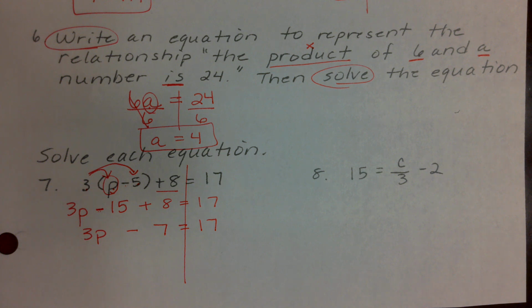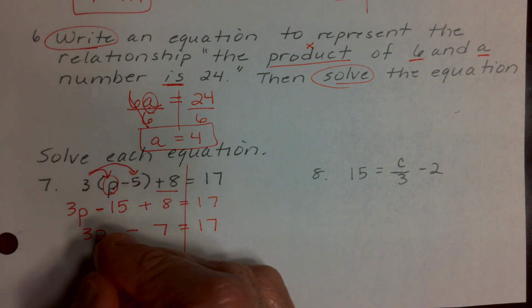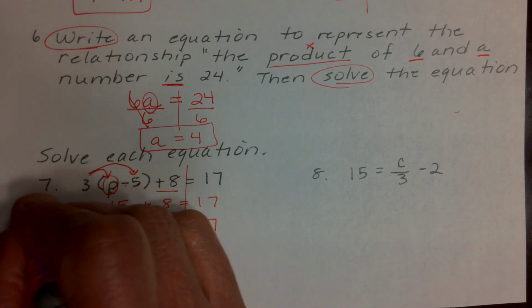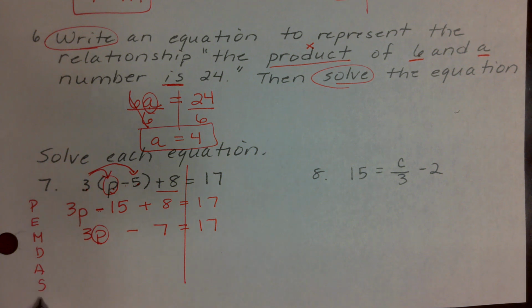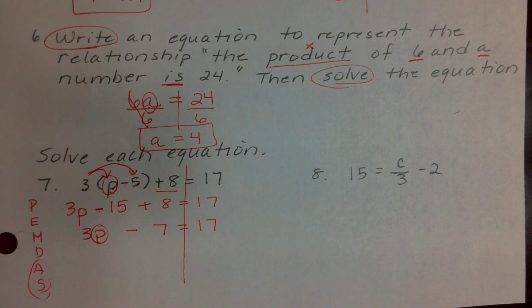Now we're back to a 2-step solving problem. So we got to get rid of the 3, and we got to get rid of the 7. But remember, it's opposite of PEMDAS. So we work ourselves back up. So we do all adding and subtracting first. So I need to do the adding and subtracting part, which is right here, before I do work with the multiplying, dividing, which is here.